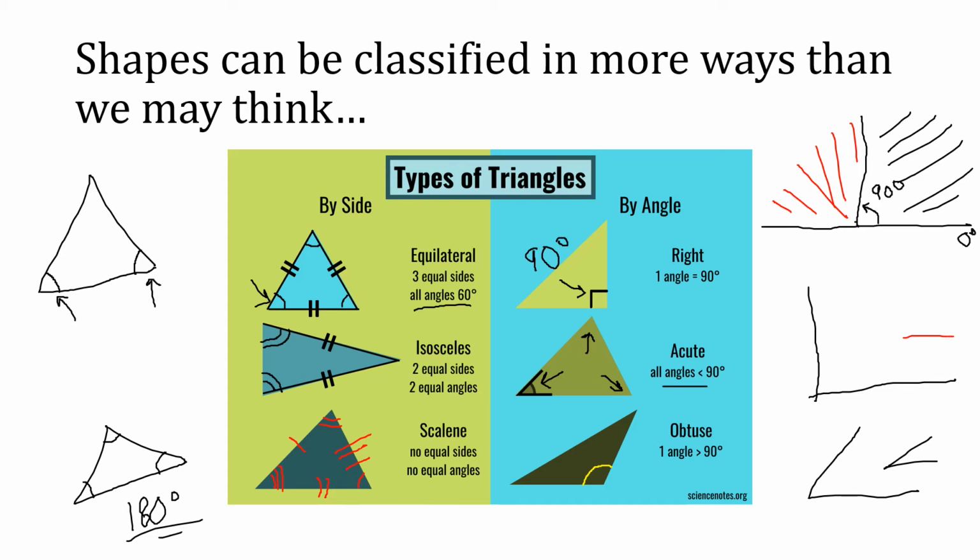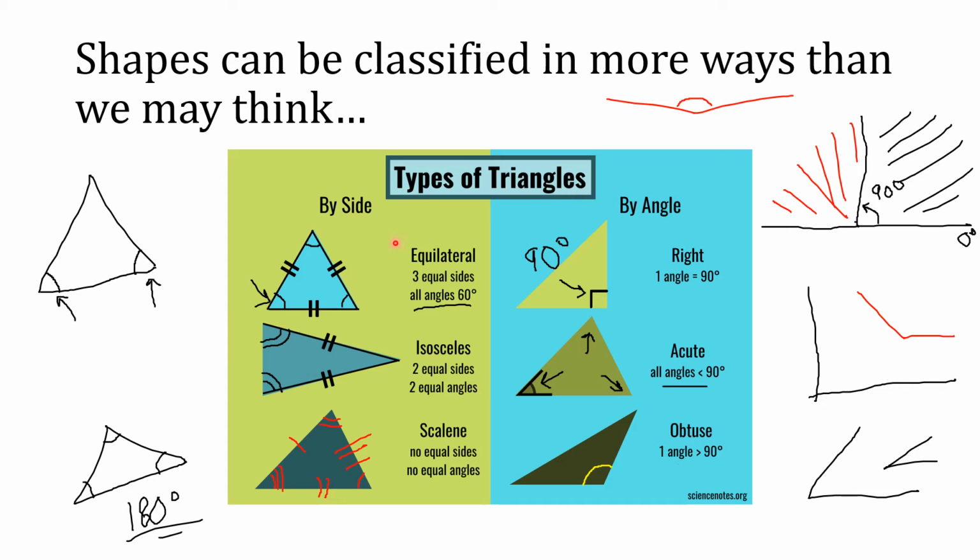An angle like this, or like that, right in there, would be an obtuse angle because it's bigger than 90 degrees but smaller than 180. So that's what an obtuse angle is, and we use it to define what an obtuse triangle is. So you can talk about triangles in a few different ways.